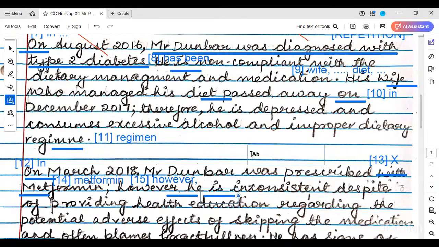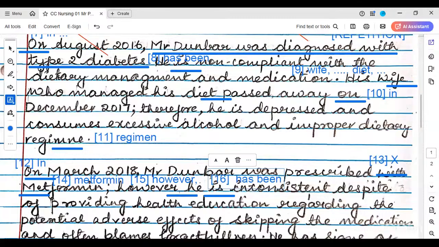When you are relating it to the time after providing health education till now, it is a long time. So I would say, has been inconsistent. Number 16. He has been inconsistent, not he is.